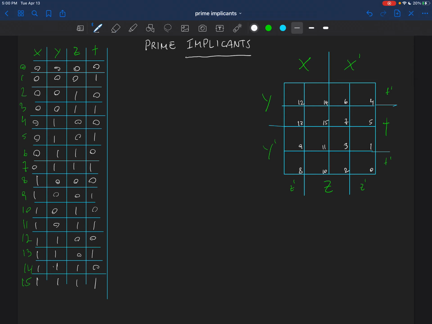Now the prime part of this name, from Quine-McCluskey tabulation, he defines a prime implicant to be an implicant that is minimal. So basically, we're looking for the smallest way to express adjacent terms.